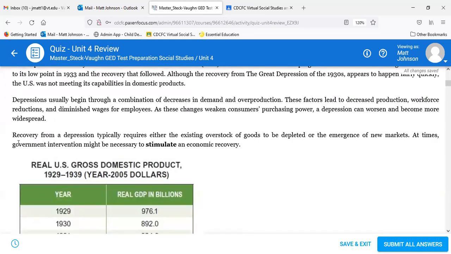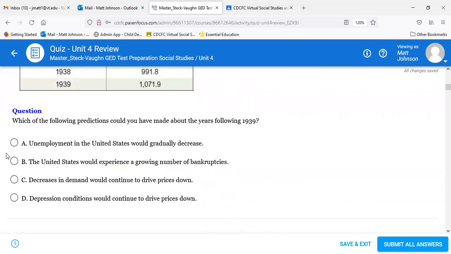Let's go to Tracy. How about Tracy read number 2 for us? Yes. Which of the following predictions could you have made about the years following 1939? A, unemployment in the United States would gradually decrease.